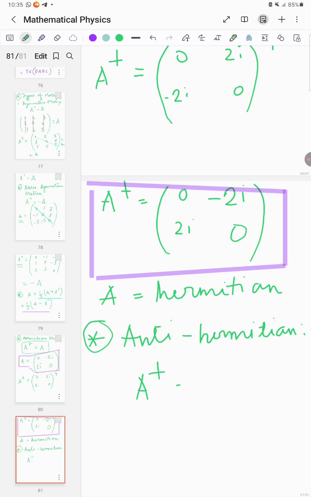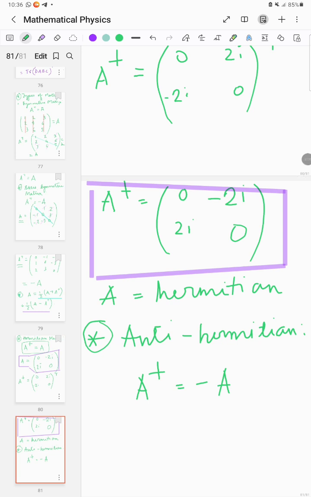And what is the condition? A dagger is equal to minus A. For this matrix, the diagonal elements should either be 0 or purely imaginary numbers. So we'll see another example of this.